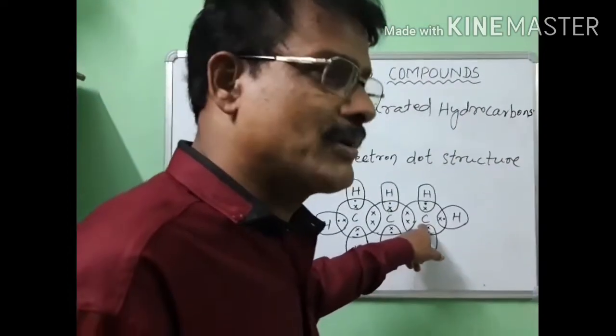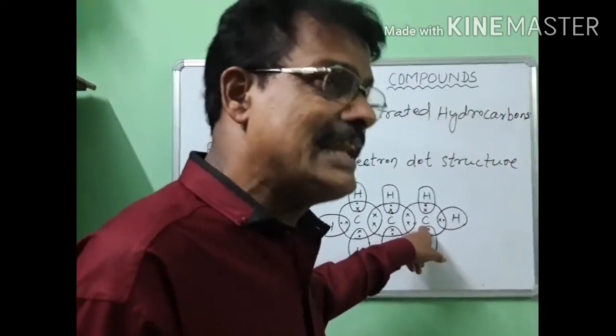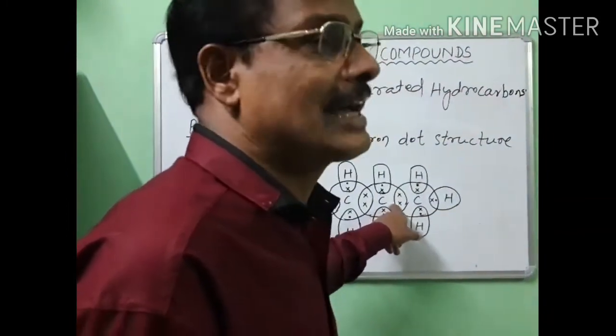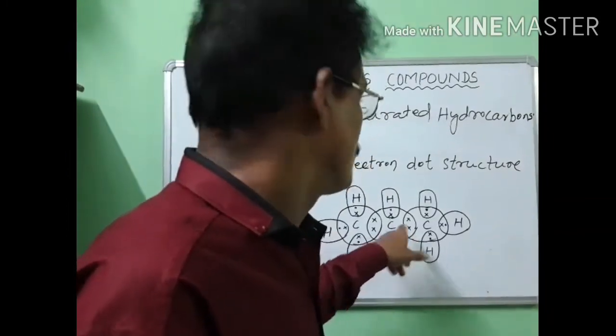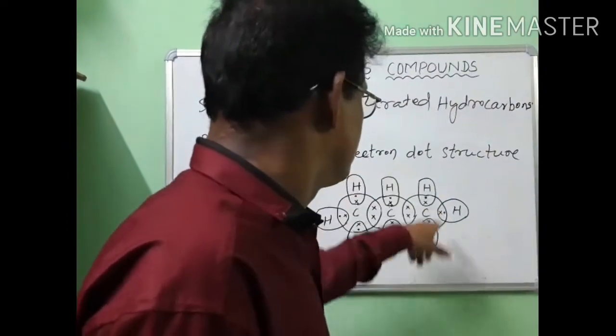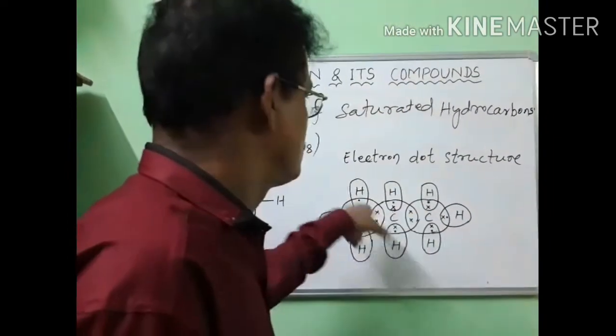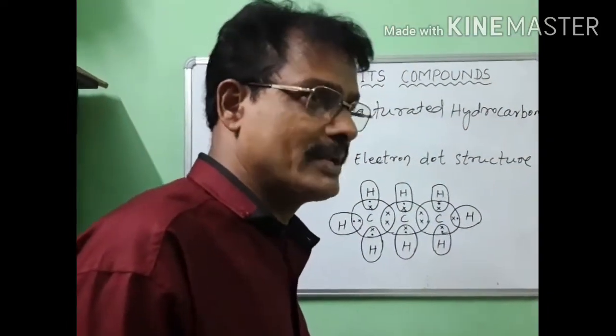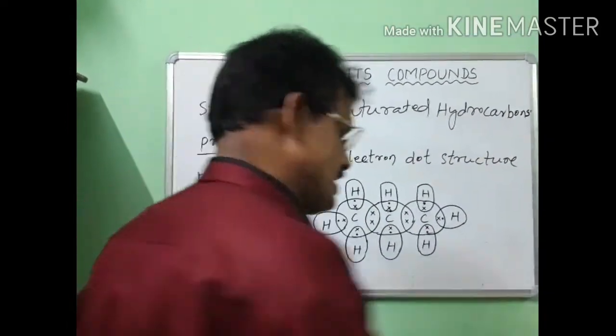This carbon atom also shares a single pair of electrons with the other carbon atom. In this way propane is formed. So this is the electron dot structure of propane. Clear?